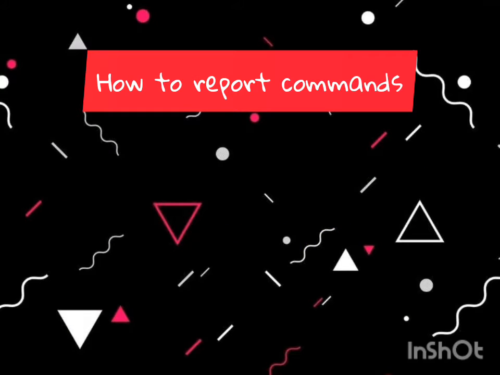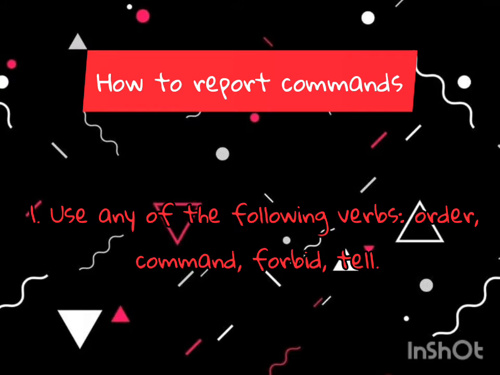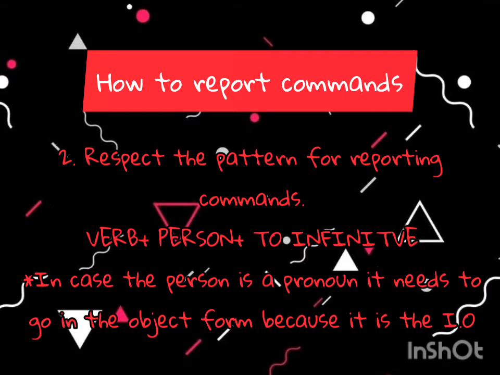Moving on with commands, in order to report a command, we need to use the following verbs: order, command, forbid, or tell. The pattern for reporting a command is the following: the reporting verb plus the person plus the infinitive.